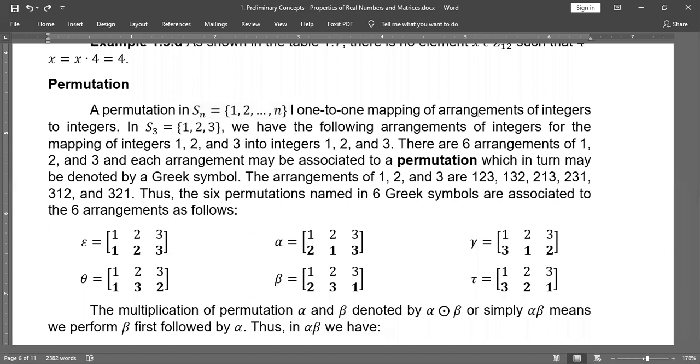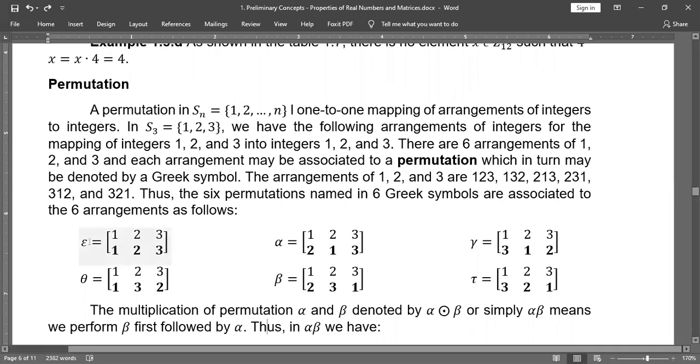And each arrangement may be associated to a permutation, which in turn may be denoted by a Greek symbol. The arrangements of 1, 2, 3 are 1 2 3, 1 3 2, 2 1 3, 2 3 1, 3 1 2, 3 2 1. Thus, we have 6 permutations named in 6 Greek symbols associated to 6 arrangements.